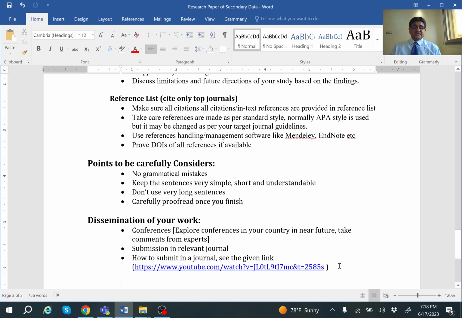This is for beginners, mostly undergraduate, postgraduate, or graduate students who just finished their thesis and don't know how to sell their work. You need to sell your work to conferences as well as journals. This link will give you detailed information on how you can submit your paper to different journals.